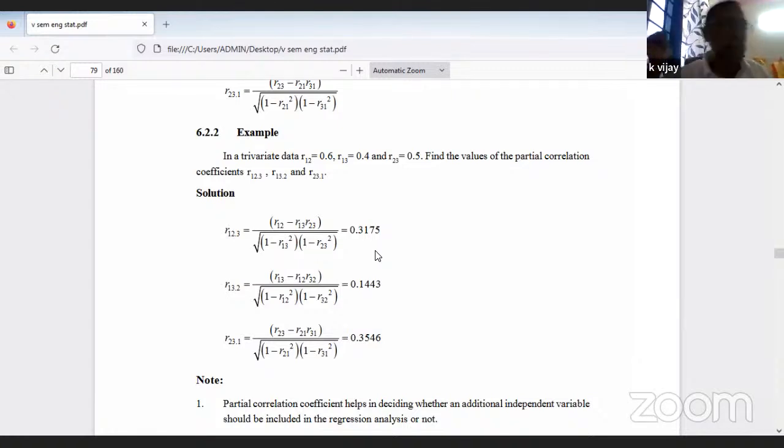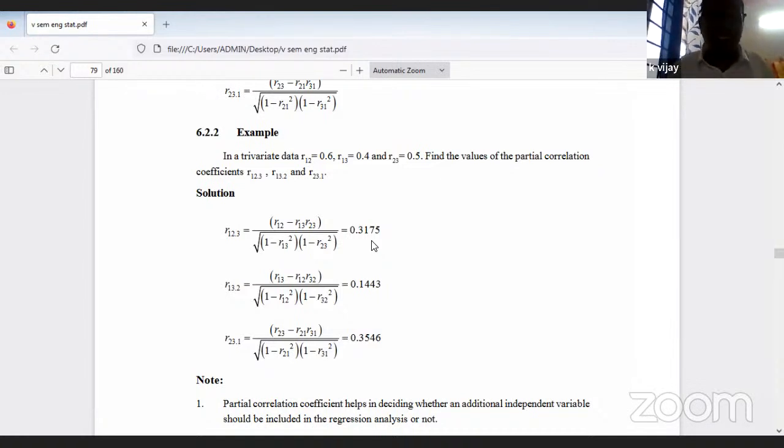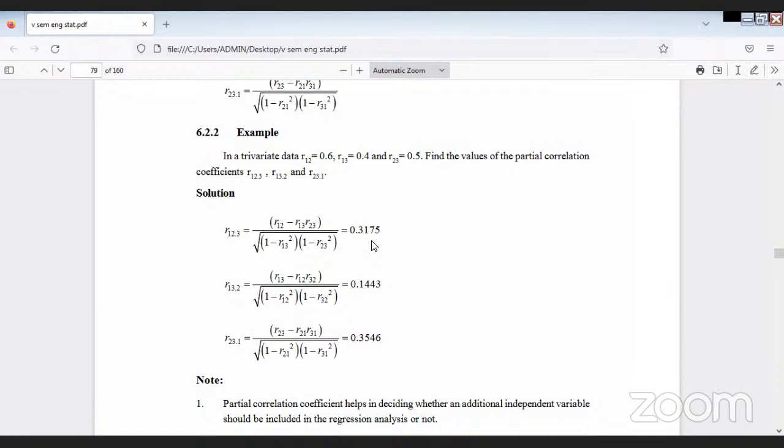R13.2 check. Now I am doing that. R13.2 is 0.117.